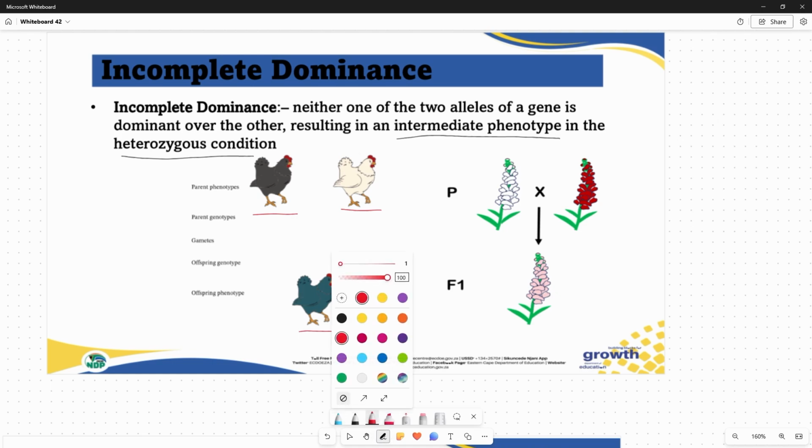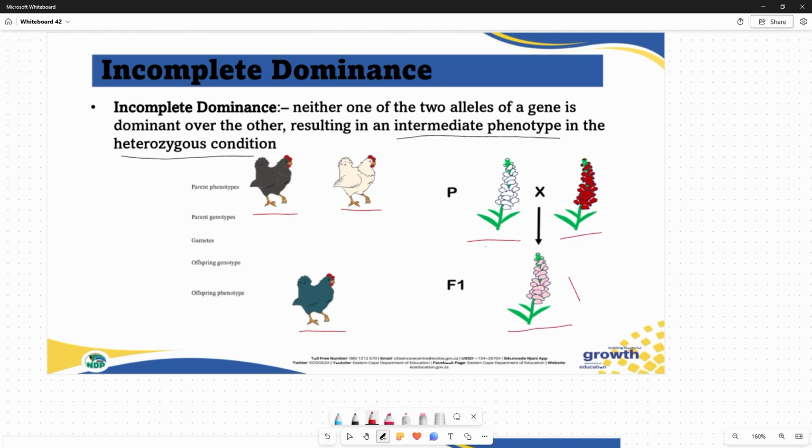Here you have got a white flowering plant that has been crossed with a red flowering plant. But now look at all the F1 offspring. They have got pink flowers, which we did not see in the parents. So what does that mean? It means that both of those alleles are not dominant. Hence you are ending up with an intermediate phenotype.